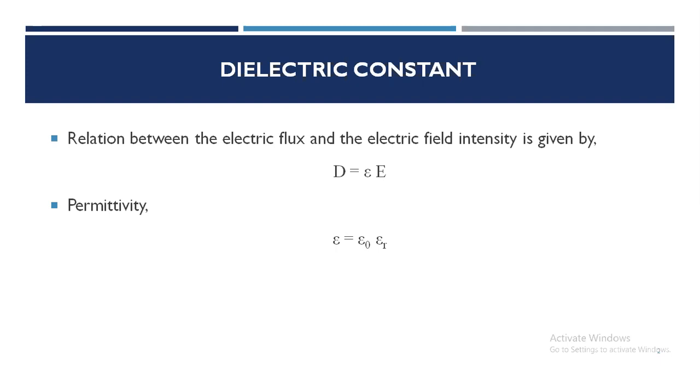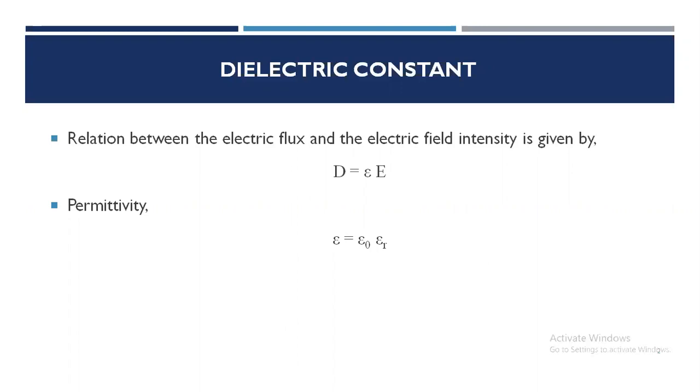Epsilon is equal to epsilon 0 into epsilon r. These two equations give the relation between the electric flux density and electric field intensity, and the proportionality constant epsilon is the dielectric constant of the medium in farad per meter. It is also called permittivity.